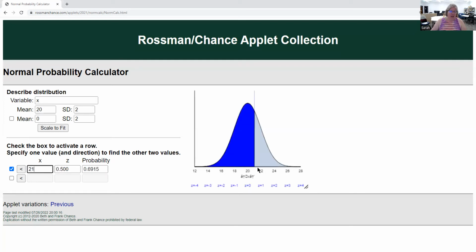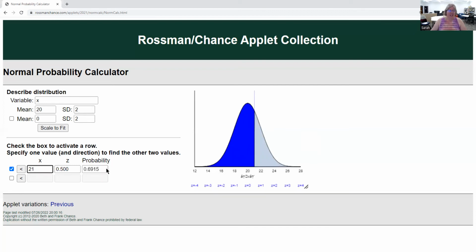And what's nice about this is it draws the line where the 21 is, and then it shades the side, that darker blue side on the left. It shades that so you can see that that's the probability number that it's giving you. So in this case, we know that we want to find the probability that it takes more than 21 minutes. So we're interested in this side over here.